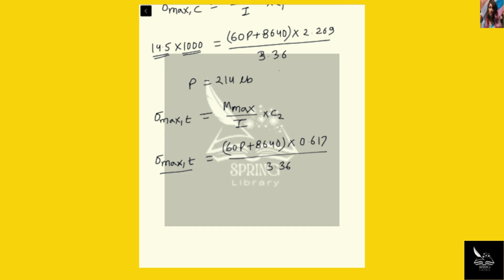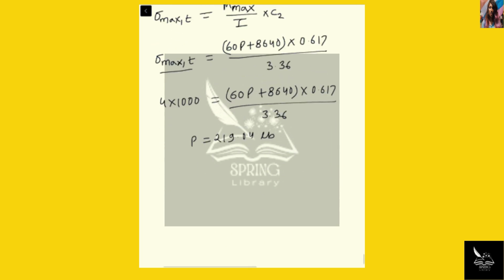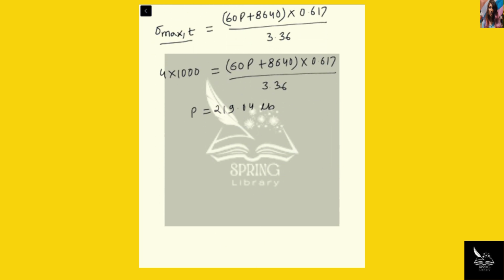So 4 multiplied by 1000 equals 60P plus 8640 multiplied by 0.617 divided by 3.36. From here we get P equals 219.04 lb. Okay, so for the maximum compressive and tensile limit, the maximum value of concentrated load P is equal to 214 lb. So this is the answer for part B of the problem.